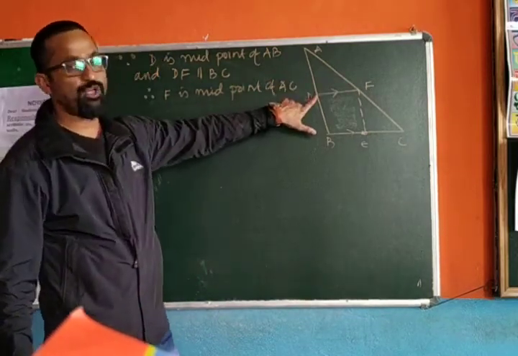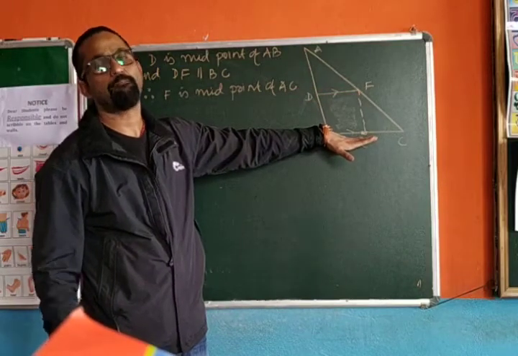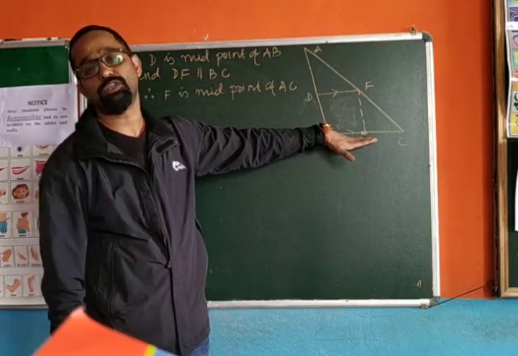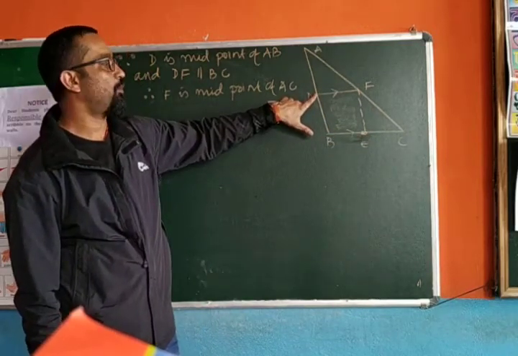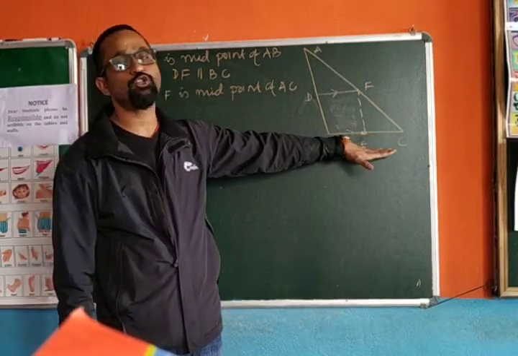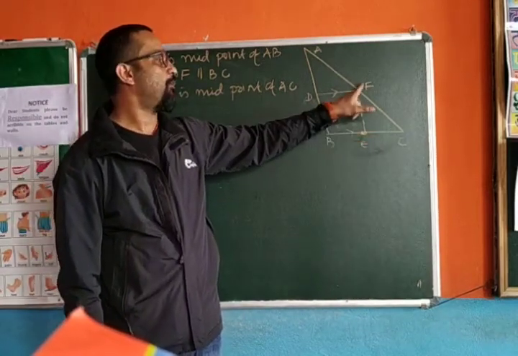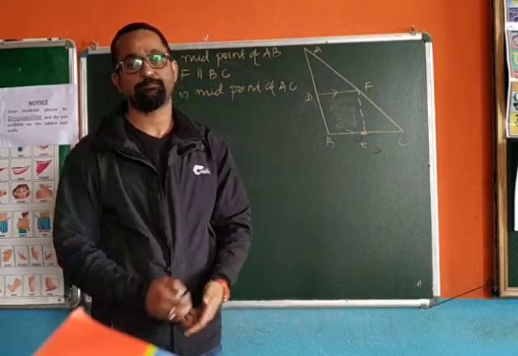Since D is midpoint and DF is parallel to BC, by converse of midpoint theorem, a line passing through the midpoint of one side of the triangle and parallel to the third side also passes through the midpoint of the third side.